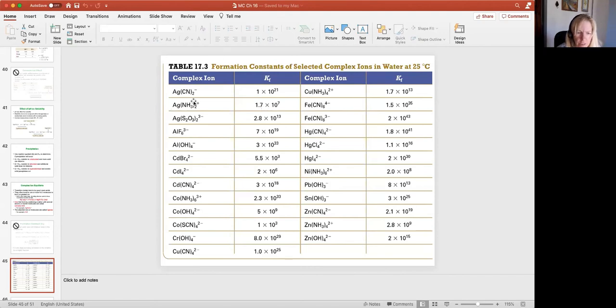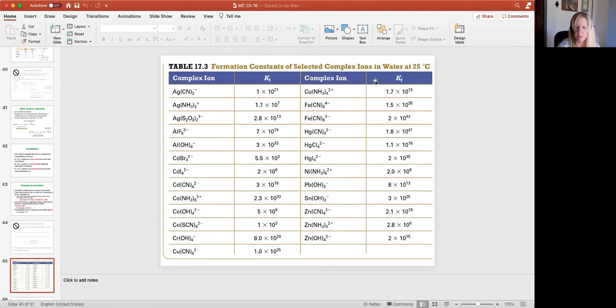And I only see 2 ammonias here. So I know it's not going to bind 4 or 6, it's only going to bind 2. But if I have something like cobalt, then I'm going to bind 6. So I'm going to look at this table to help me determine how many of these Lewis bases are actually pulled into that complex.